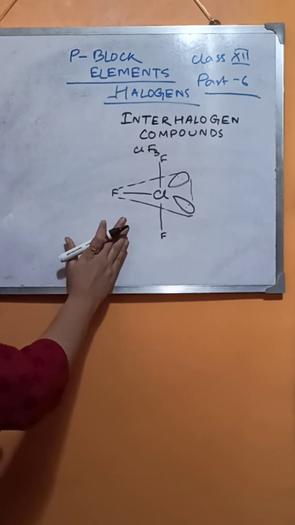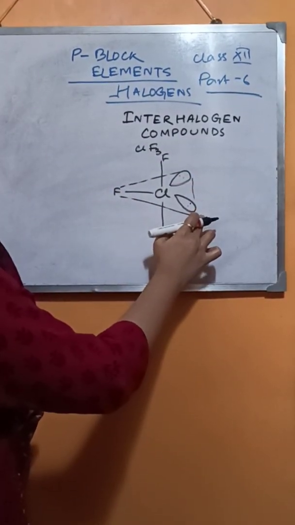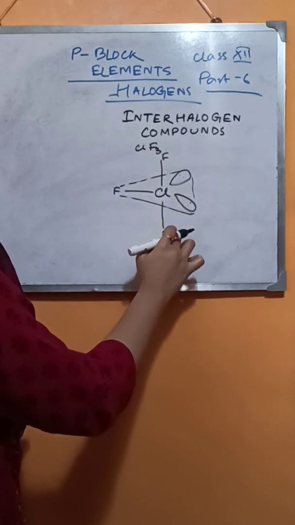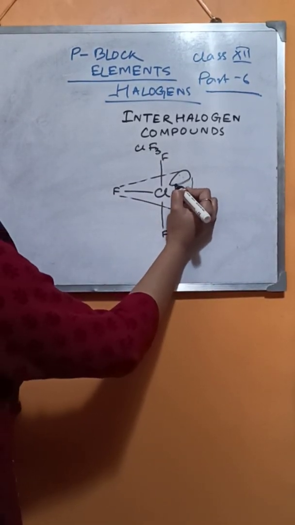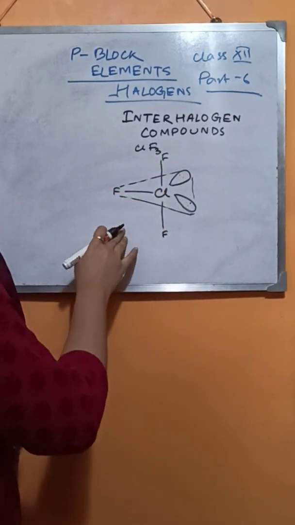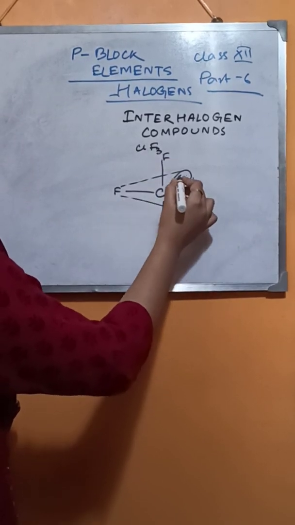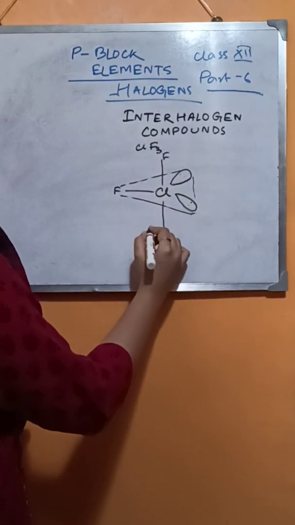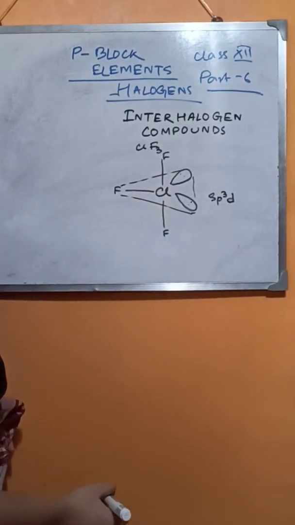Now remember one thing, that these 3 positions are equatorial positions and these 2 positions are axial positions. Always the lone pairs are present in the equatorial position. Now, you can understand this is sp3d hybridized.